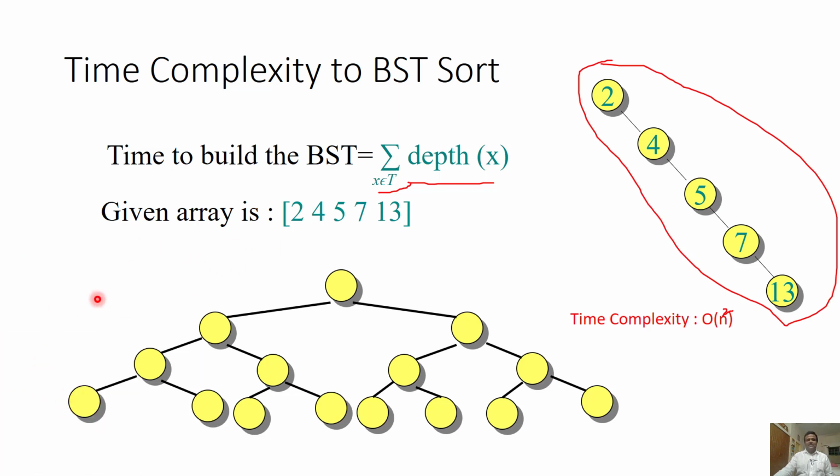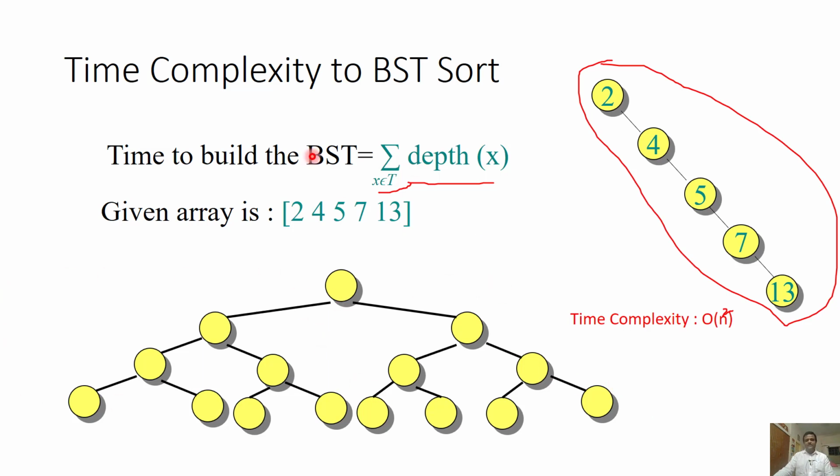And in this case, what is the sum of the depths? The sum of the depths will be n log n, because there are n by 2 nodes in the leaf level. For those n by 2 nodes, we need to go down to this height, which is log n. So that is order of n log n.